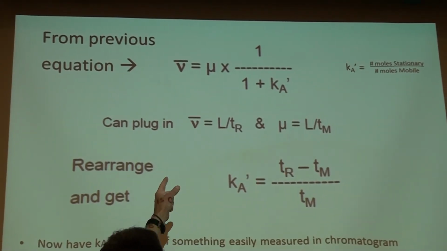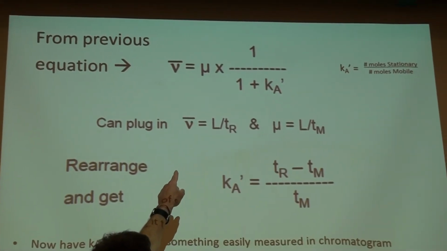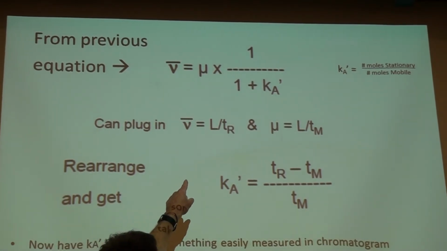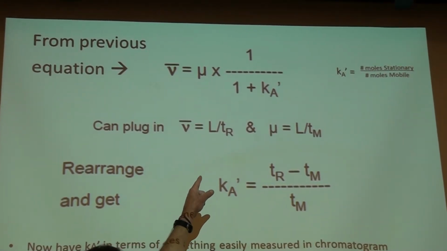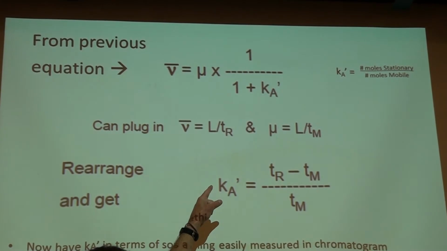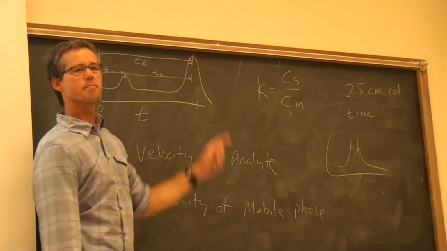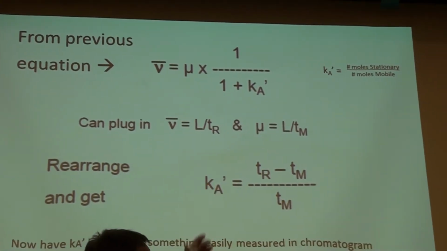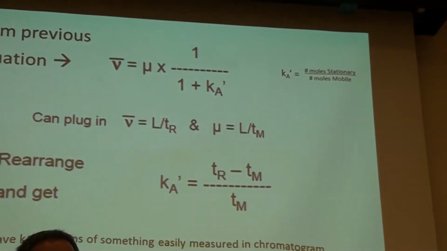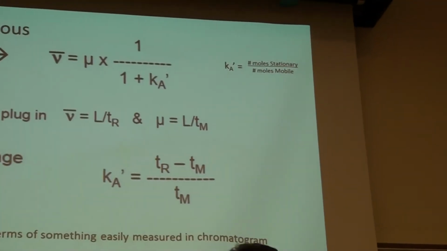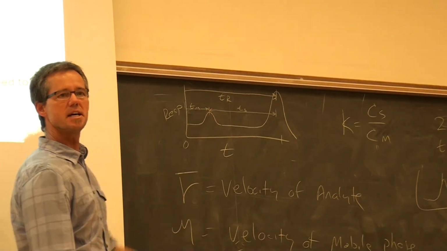Then I can say, well, the velocity of my analyte in the mobile phase is simply the length of my column, 25 centimeters in your case, over the retention time that I can measure from my chromatogram. And the velocity of my mobile phase is essentially the length of my column, 25 centimeters, over the mobile phase retention time, Tm, that I measure.